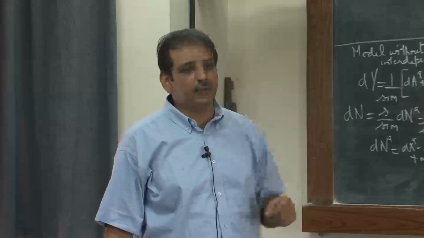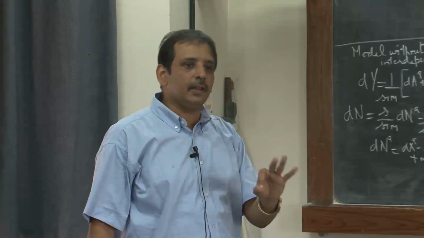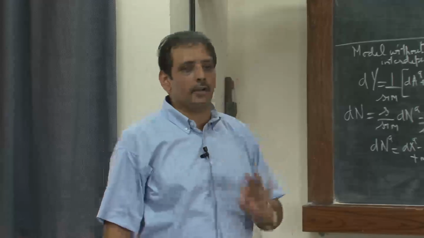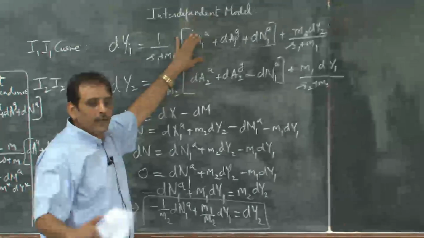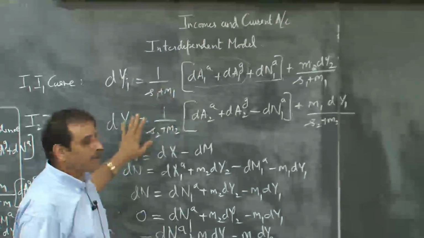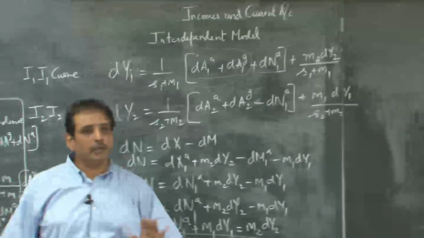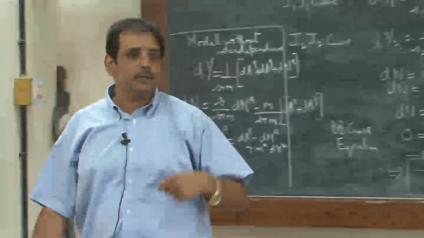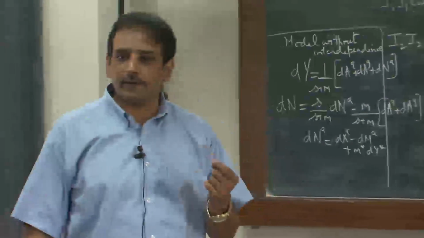So there is a minor adjustment, but still you see a current account deficit because of the initial shocks which are given. So even in the interdependent model, it's not able to completely wipe out the deficit which is created by an increase in the expenditures.